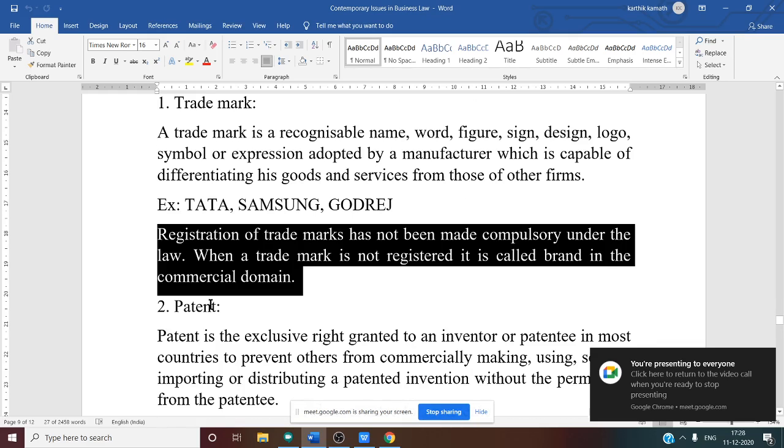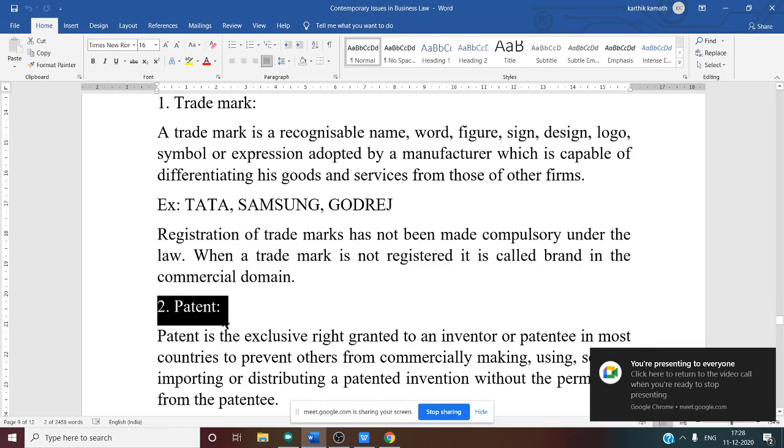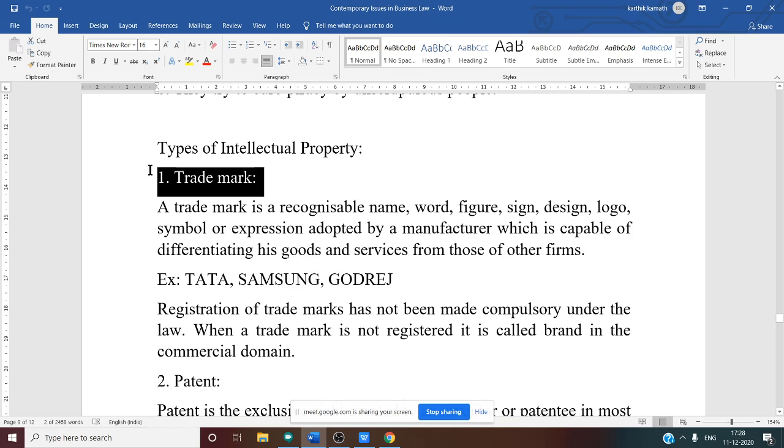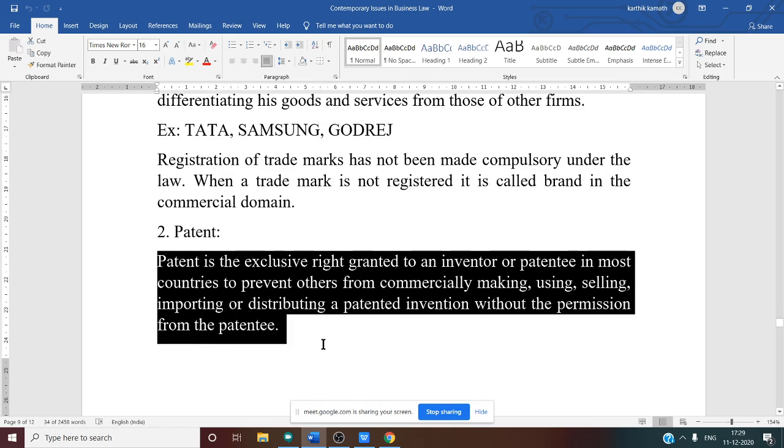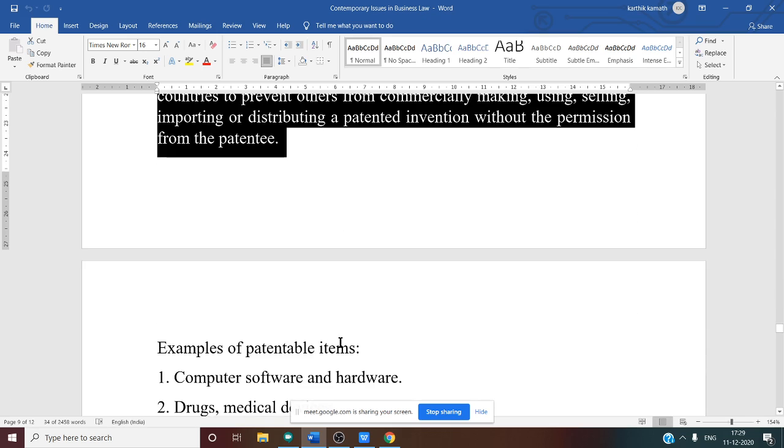Then patent. The second thing is patent. Are trademark and patent the same? No. What is different? A patent is an exclusive right granted to an inventor or the patentee in most countries to prevent others from commercially making, using, selling, importing or distributing a patented invention without permission from the patentee.